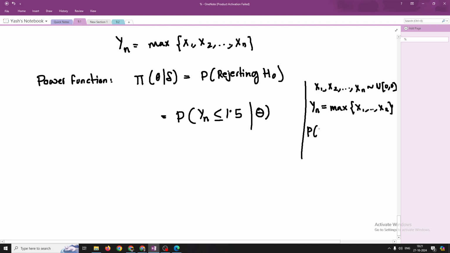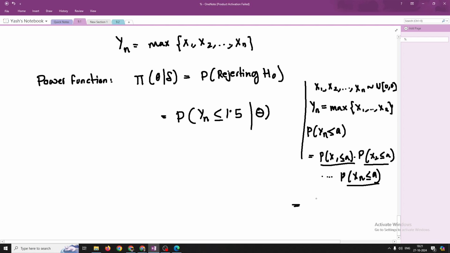Then the probability that Yn is less than or equal to some value, let's say a, is basically the probability that X1 was less than or equal to that value, times the probability that X2 was less than or equal to that value, and so on till Xn. Because if the maximum value is less than a, then each of these values must be less than or equal to a, right? And we know what these probabilities are.